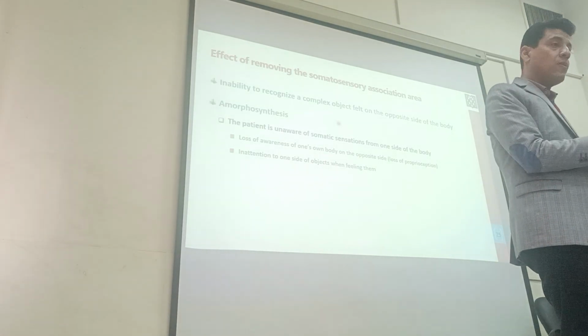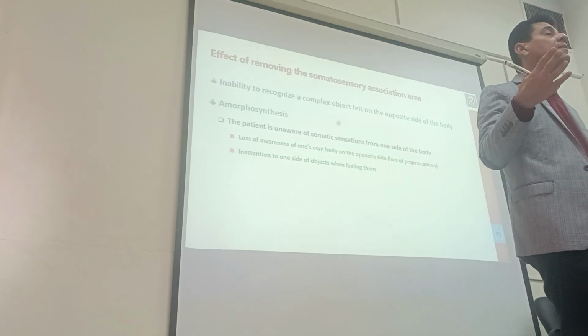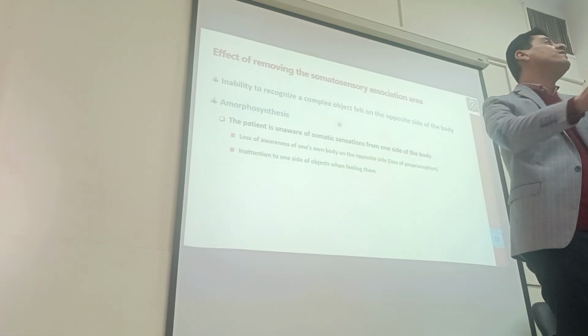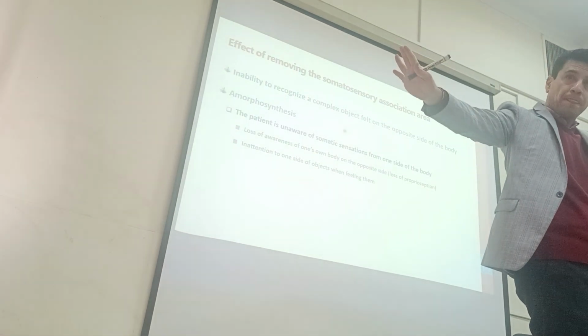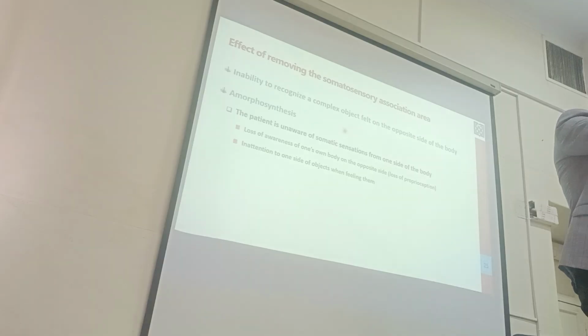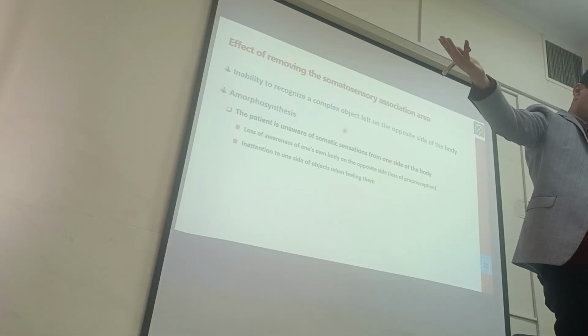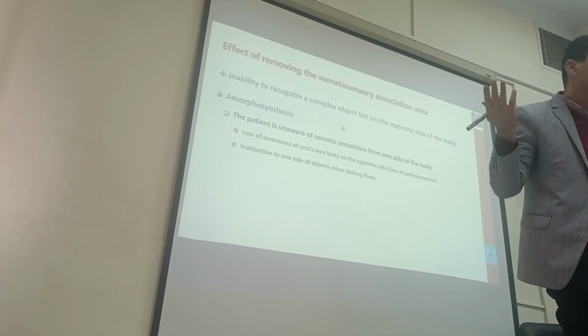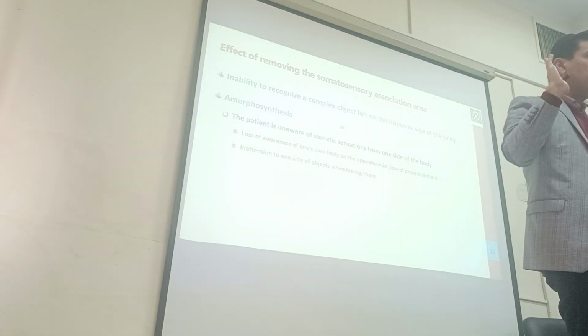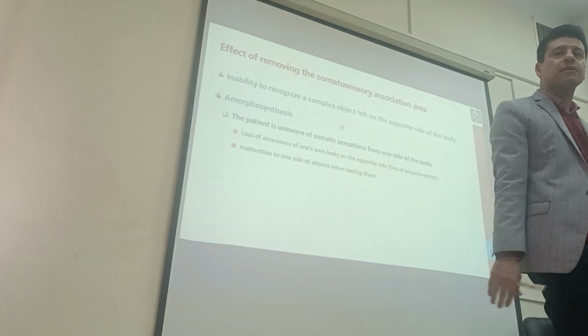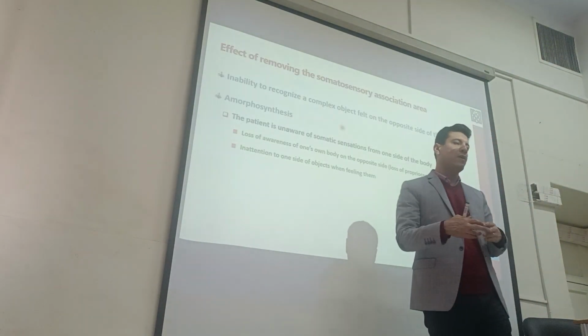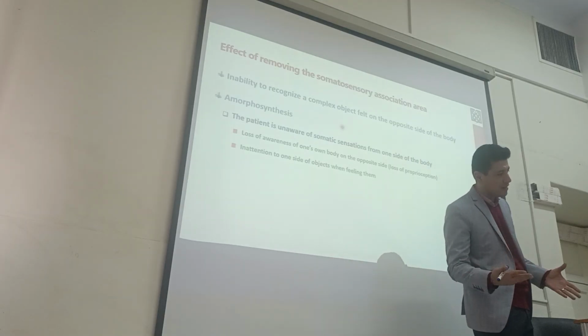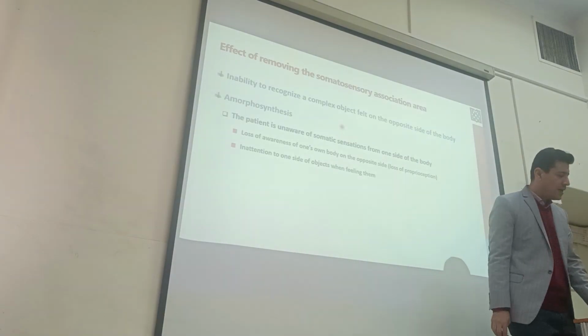Right? So the patient is also not able to understand the left side of the visual scene. Okay, when we see a scene, the left side is ignored. The patient only attends to the right side. Generally we call this amorphosynthesis. Okay, got this?